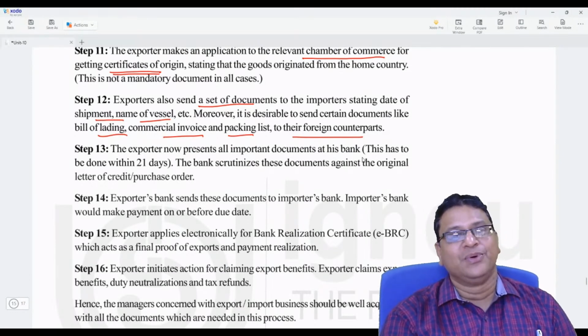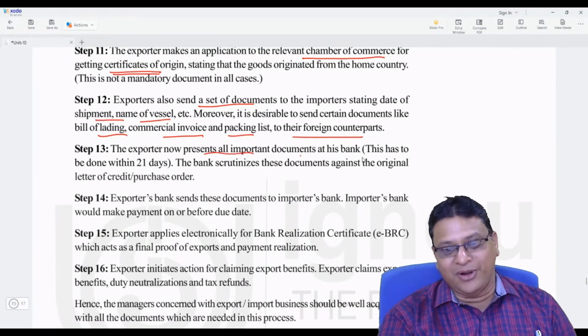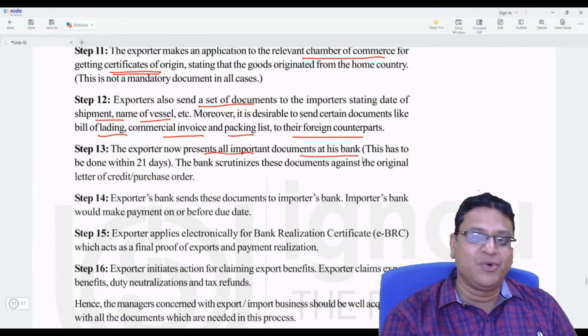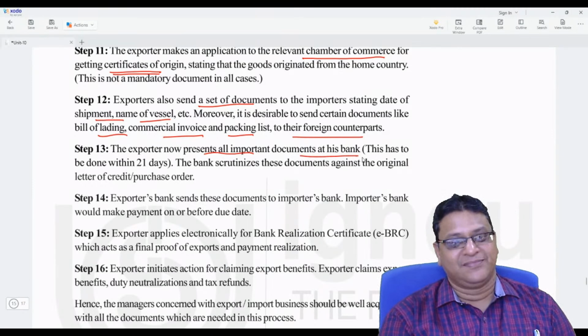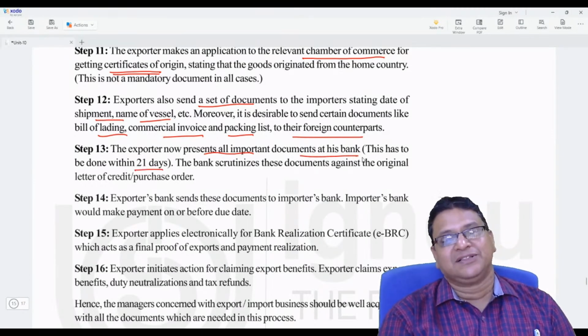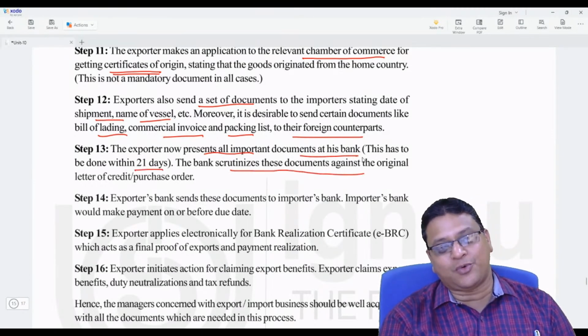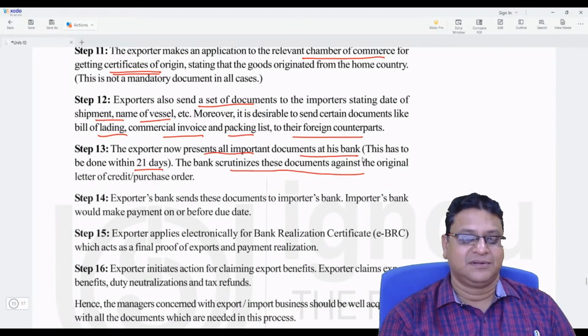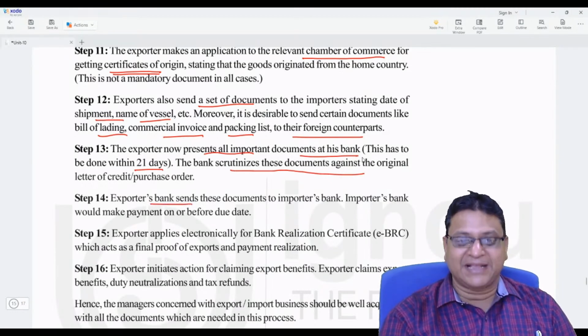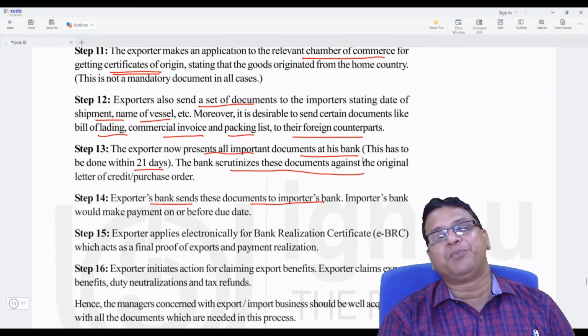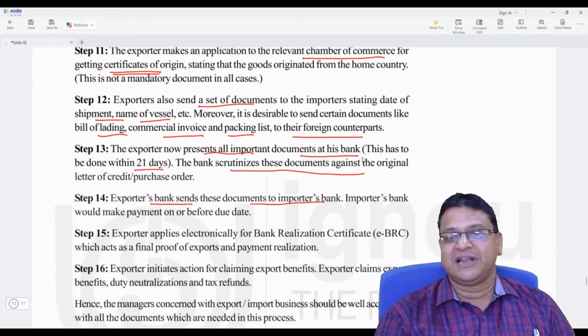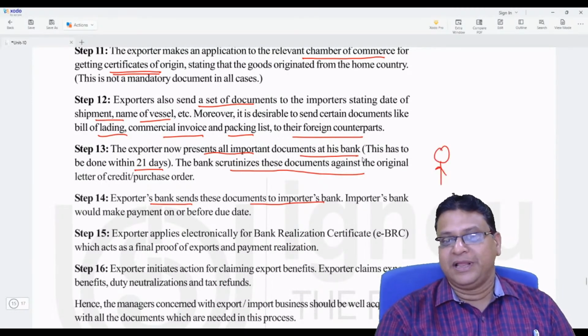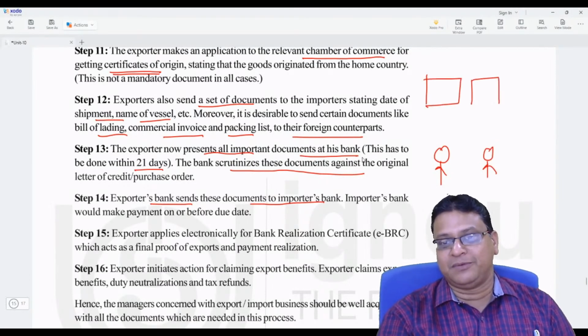So what you do, you deposit all these documents in your bank within 21 days. The bank scrutinizes these documents. Then the exporter's bank sends these documents to the importer's bank. That means now importer and exporter are there, and importer's bank and exporter's bank will be there.